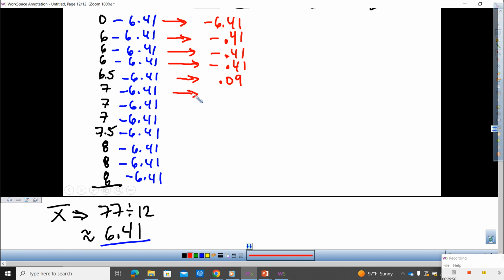Next, 7 minus 6.41 is 0.59. How many of them? 3. So 0.59, 0.59. Next, 7.5 minus 6.41, that is 1.09.